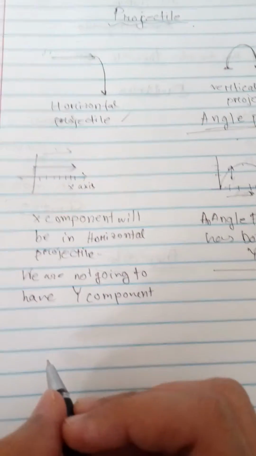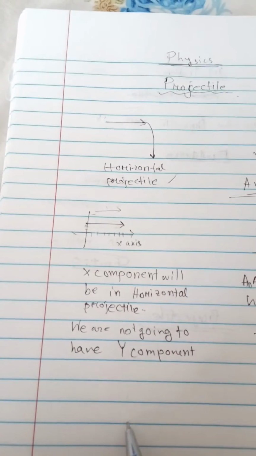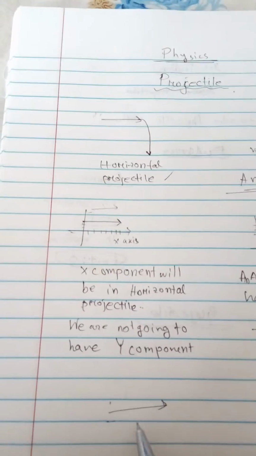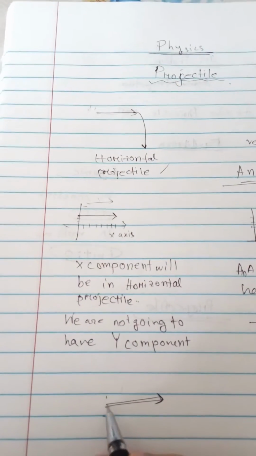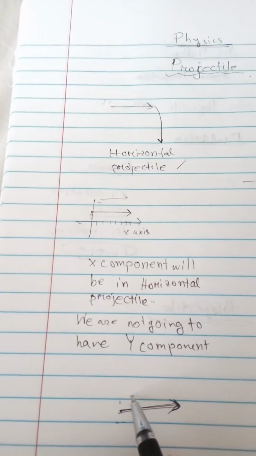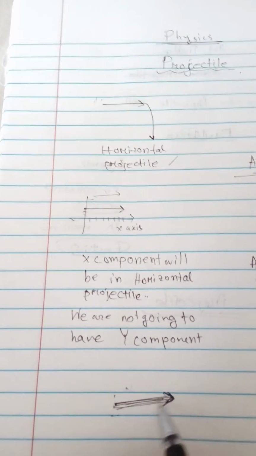So what is a component? Something that we always learn is that the velocity is going this way. If any car is going to the east, the car is actually going to the east.